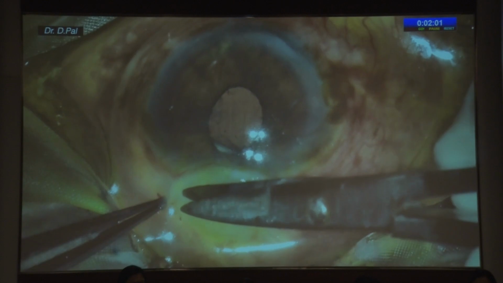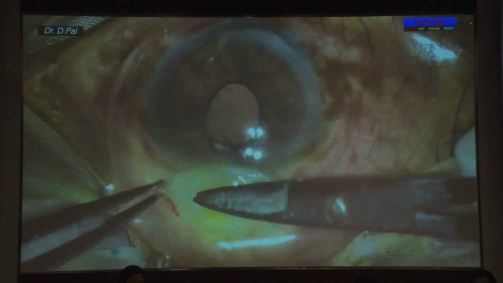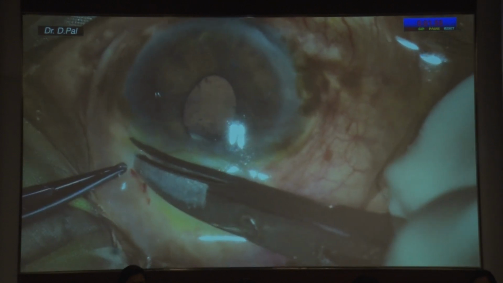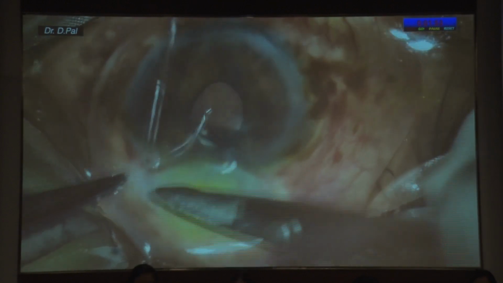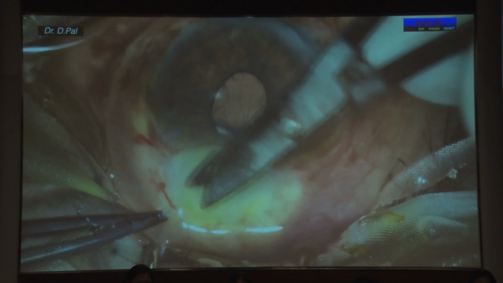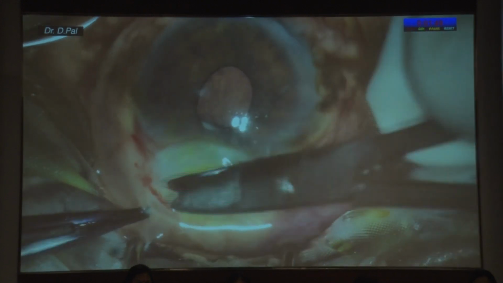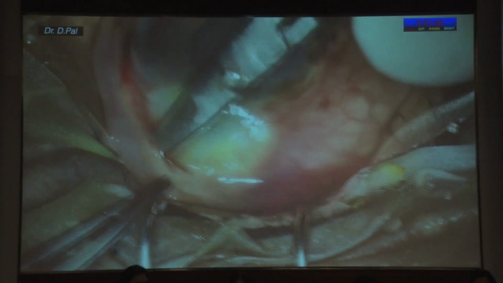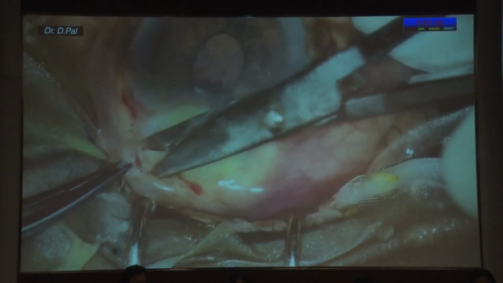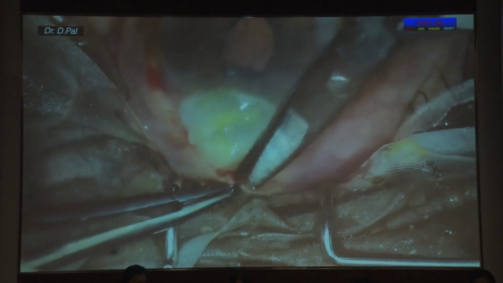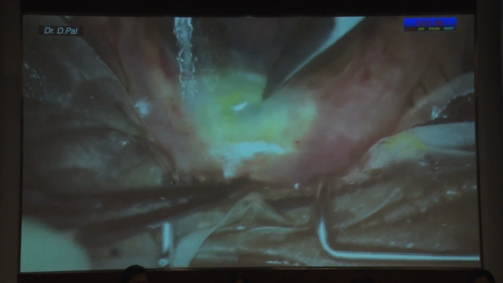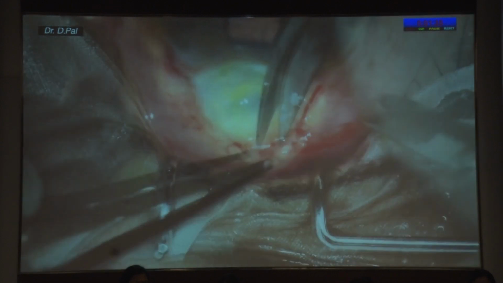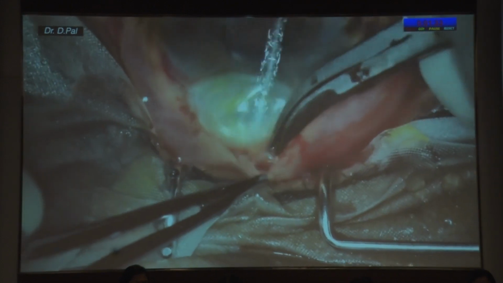So we start from outside of the ring of steel, going to the healthy tissue, dissecting well, and making a pocket in the subtenon space, and covering all around this area.